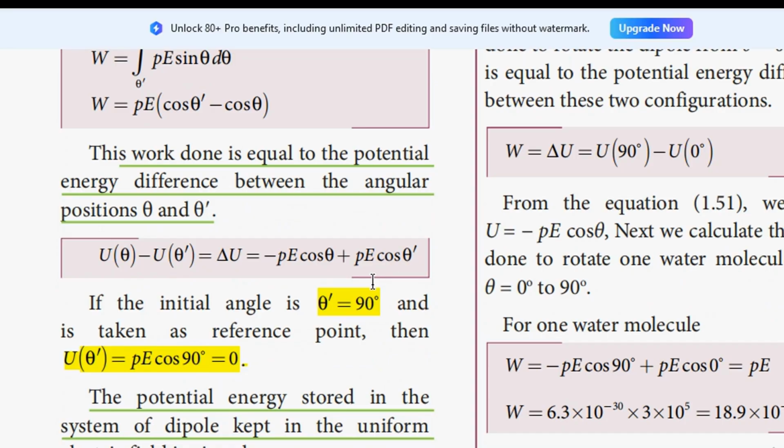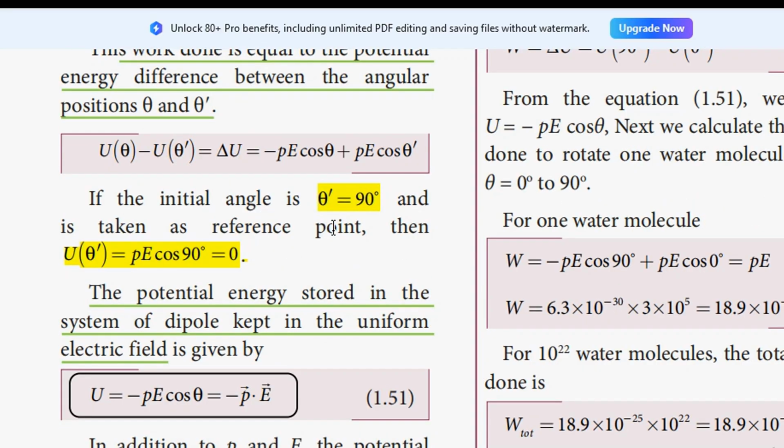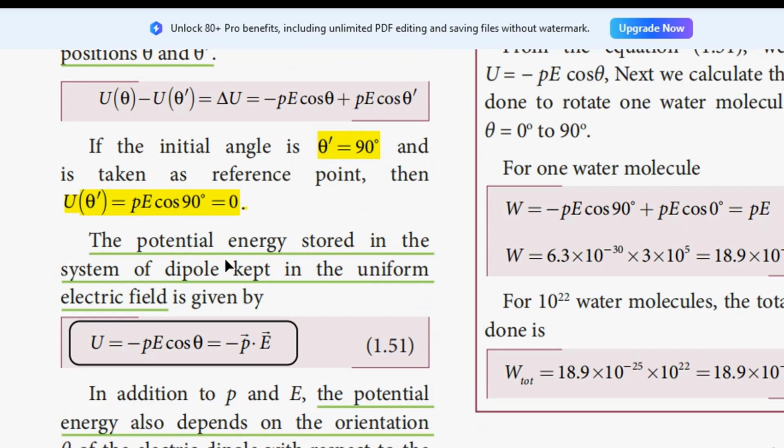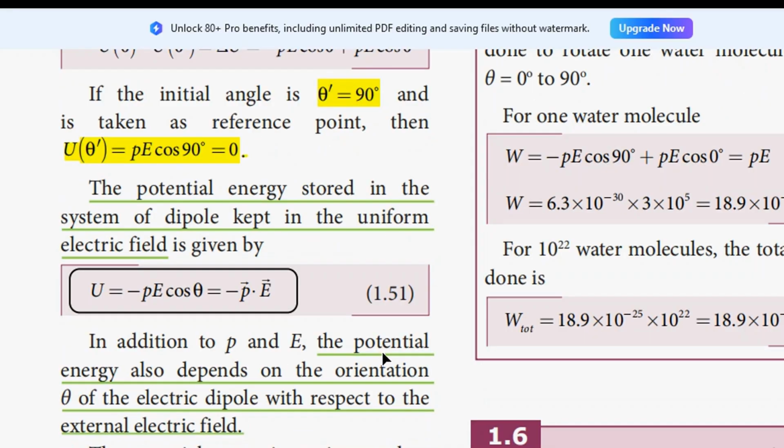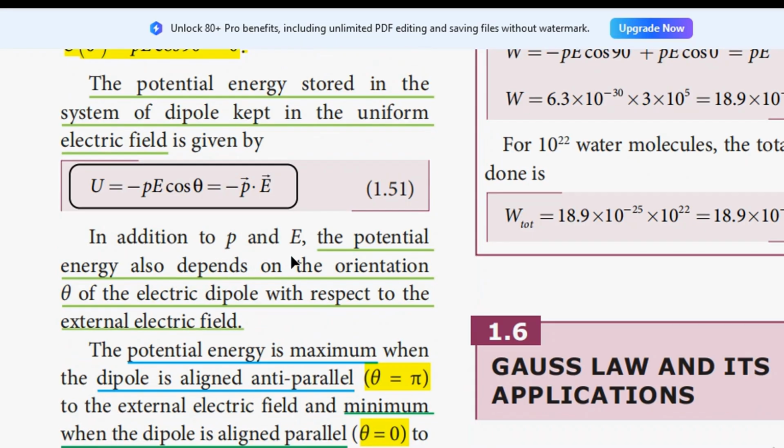If the initial angle theta dash equal to 90 degrees is taken as the reference point, then U theta dash is given by P cos 90 degrees, which is equal to 0. The potential energy stored in the system of a dipole kept in the uniform electric field is given by this equation 1.51, that is U equal to minus P cos theta, which is minus P dot E. So in addition to P and E, the potential energy also depends on the orientation theta of the electric dipole with respect to the external electric field.